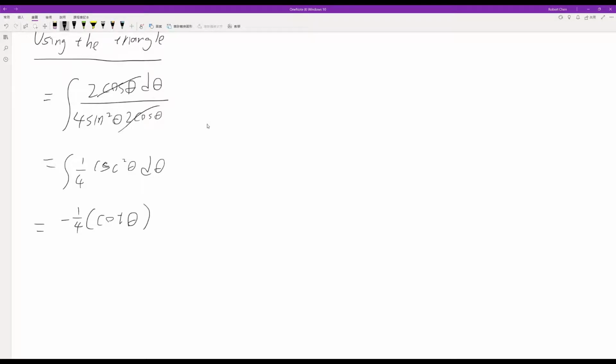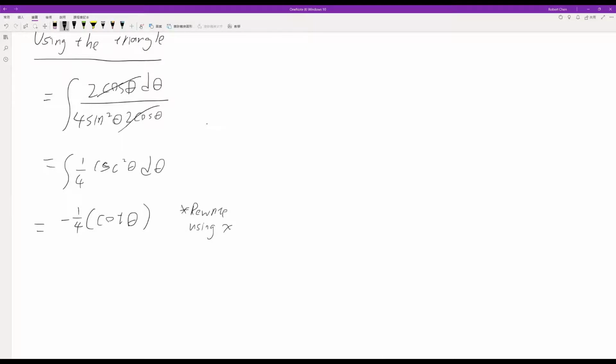So one more step from here. In the previous method, we just evaluated the bounds from pi over 6 to pi over 4 here. But what we're going to do here is rewrite using x. So how do we go back to x?